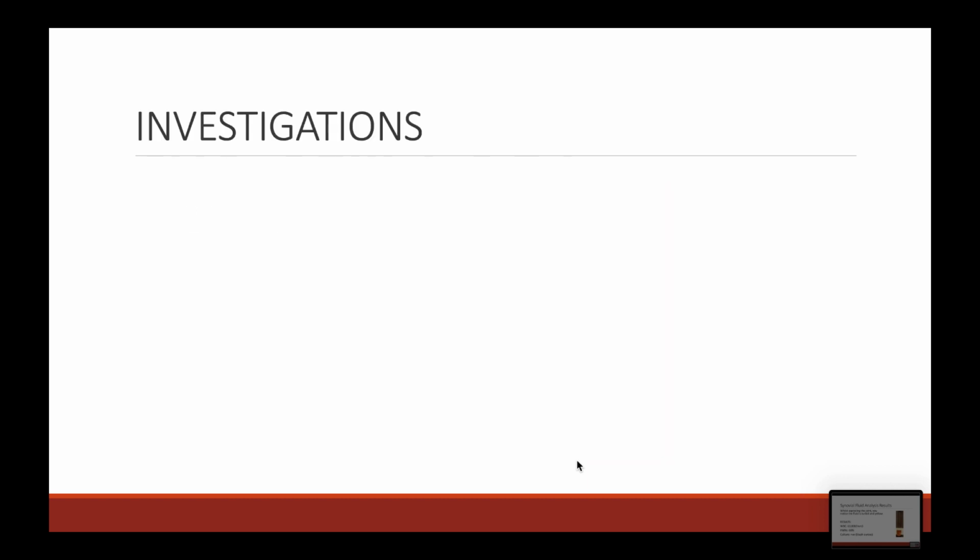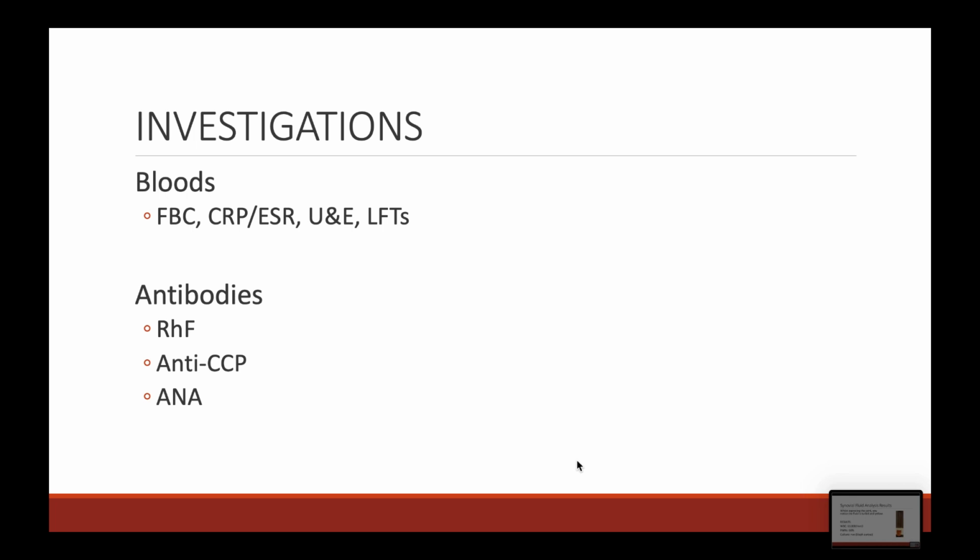Okay, so investigations. For any joint condition, you want to rule out anything inflammatory or septic. Therefore, you want to do your FBCs, CRP, ESR, U&Es, LFTs, which are all very important in rheumatology exams. You can also consider some antibodies, such as rheumatoid factor, anti-CCP, ANA.